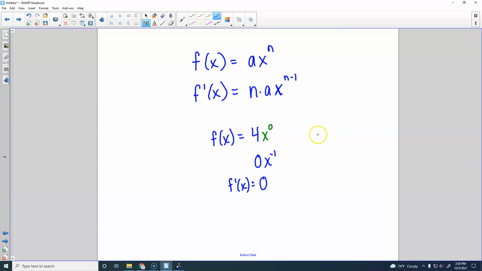It works for all of them. Even if it's like a 3x, that's x to the first power. So f prime of x is 3 times 1, which is 3, x to the 0. What is x to the 0? It is not 0, it's 1.